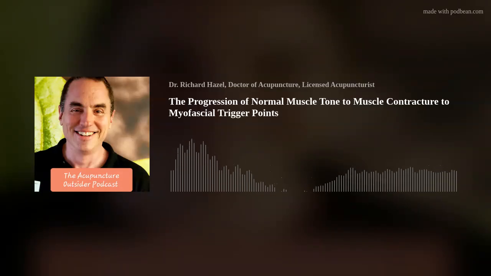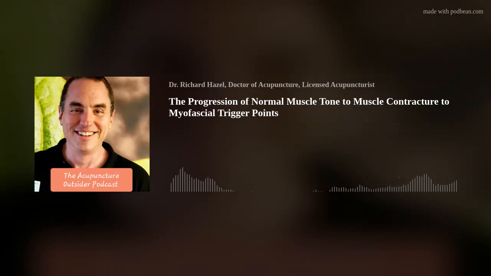The psoas is the huge hip flexor that's attached on the front of the lumbar spine at those transverse processes, and it pulls the spine forward when it's short. So it increases the lumbar lordosis.